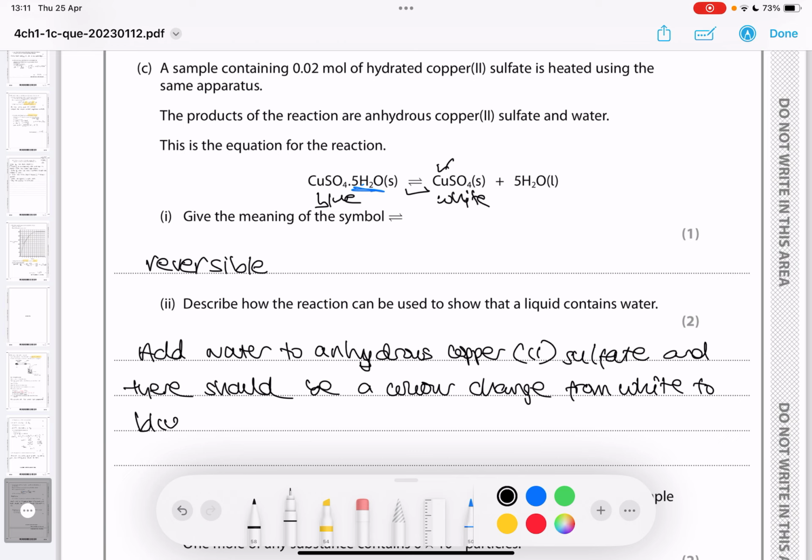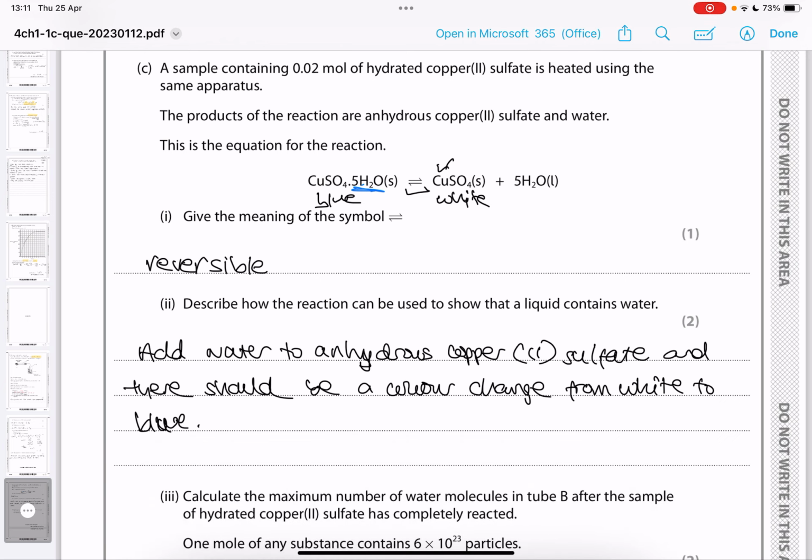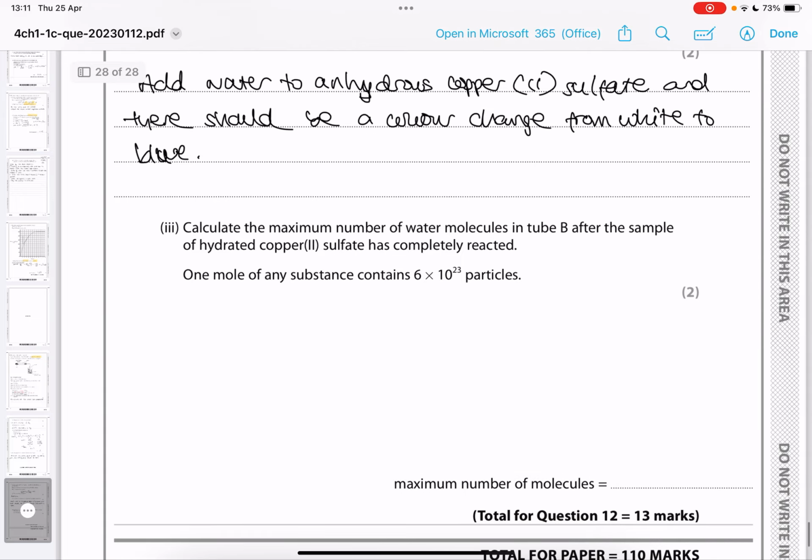Now, whenever you mention a color change, make sure you always mention the initial color and the final color. So, anhydrous copper 2 sulfate is white, as I mentioned, and hydrated copper 2 sulfate, which is what is formed when you add water, is blue in color. So there'll be a color change from white to blue.